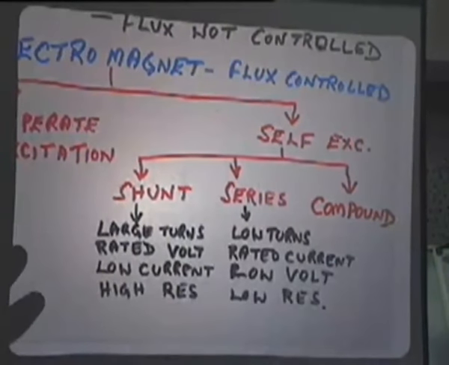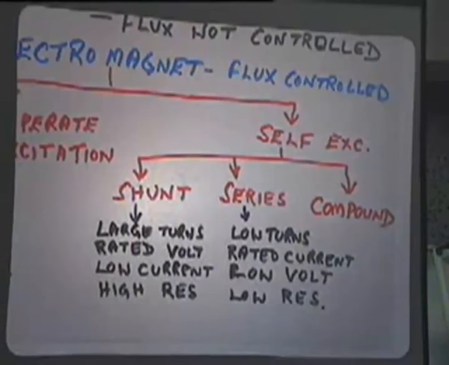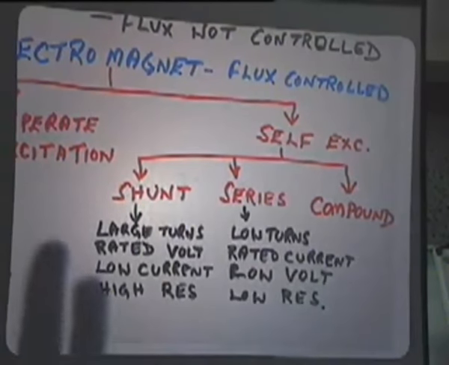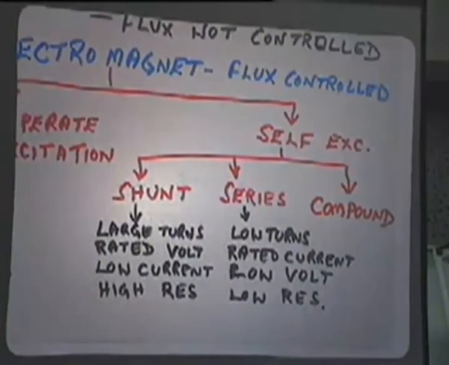So we must understand this is the way the excitation system in a DC machine works, and these are the different types of excitation systems, how they are connected and how they will make an impact. In the subsequent lectures we will take up the characteristics of these and the physical phenomena associated with these fields. So we will close at this juncture.